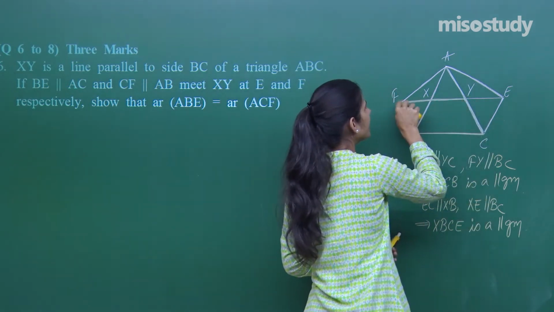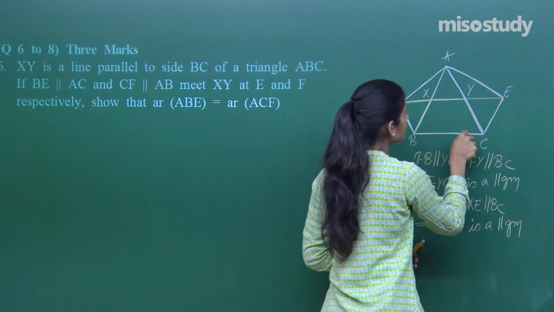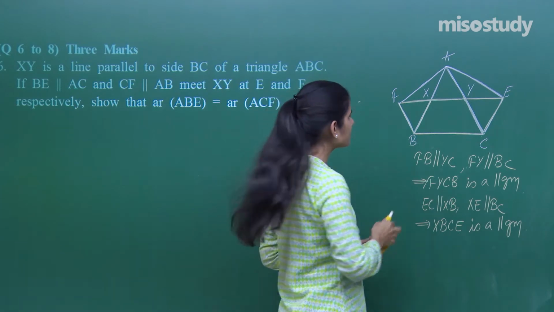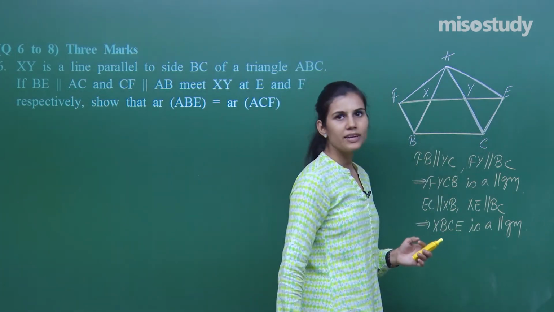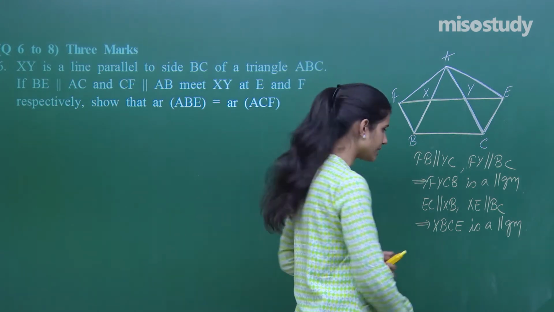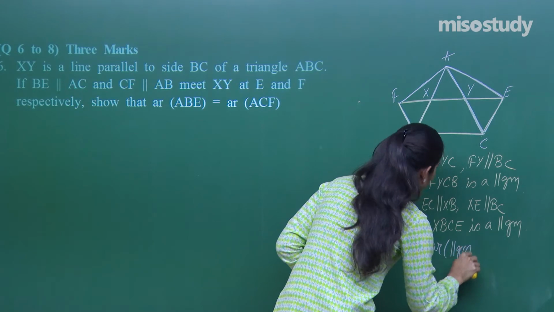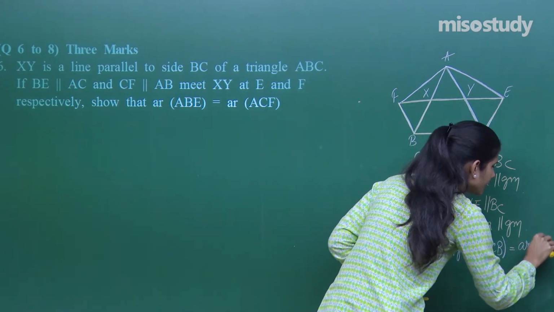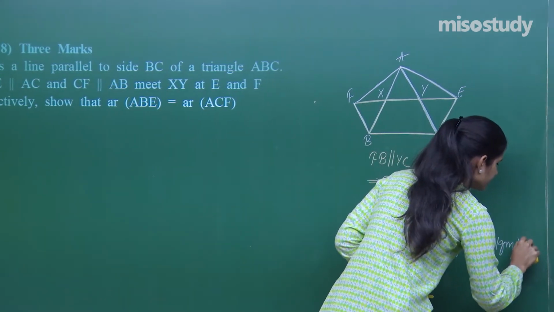First is this is a parallelogram. And then you have this is a parallelogram. Both these parallelograms are lying on the same base BC and between the same parallels FE and BC, so they will have their areas to be same. So area of parallelogram FYCB is equal to area of parallelogram XBCE.